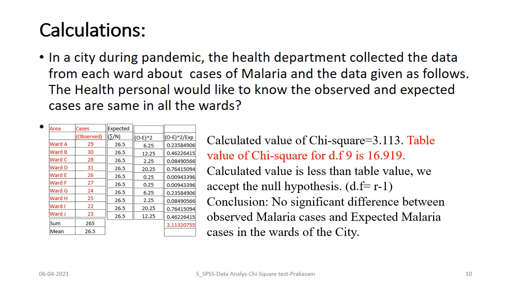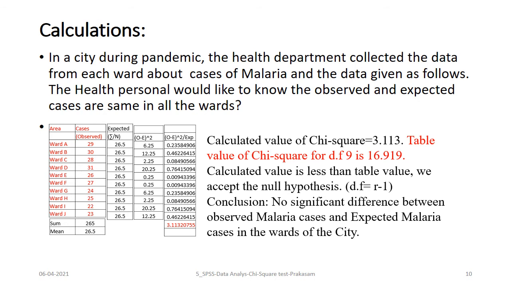Then the calculated chi-square value is 3.113, and the table value of the chi-square with degree of freedom 9. What is the degree of freedom? It is rho minus 1 only, because the expected values we have assumed follow a particular distribution. Then we have given the descriptive statistics for that.